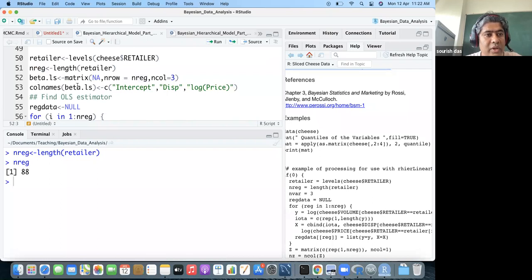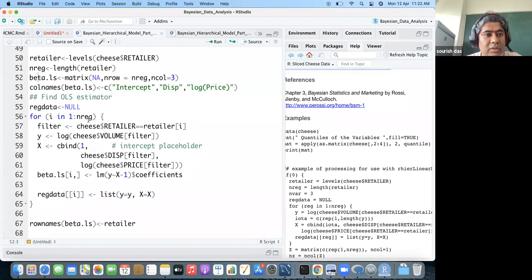Now what we are going to do is fit a simple ordinary least square method. So there will be 88 ordinary least square models we will be fitting. Okay.